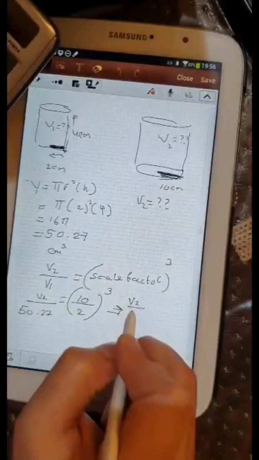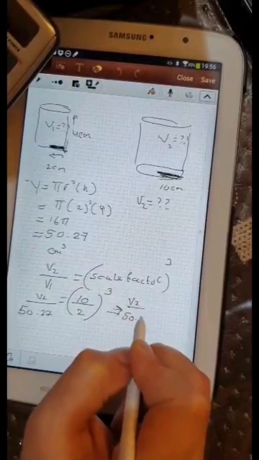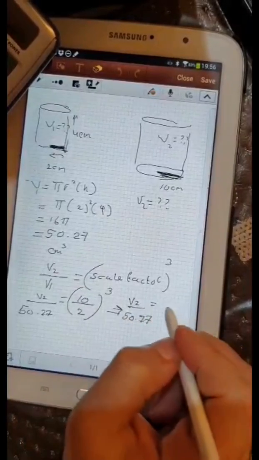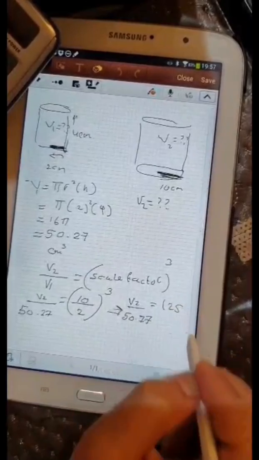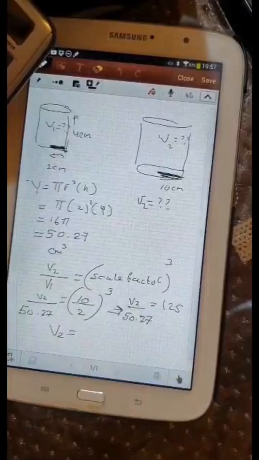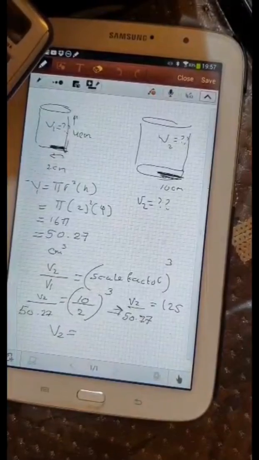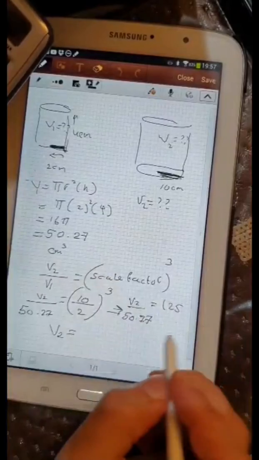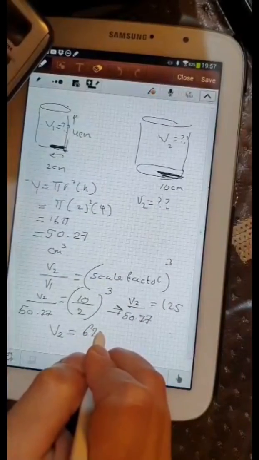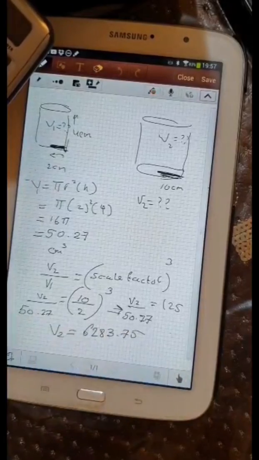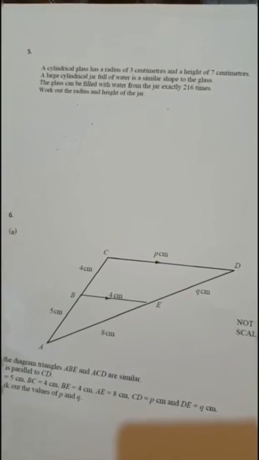So volume 2 over 50.27 is equal to 125. By using cross multiplication, I get that volume 2 is equal to 6,283.75.